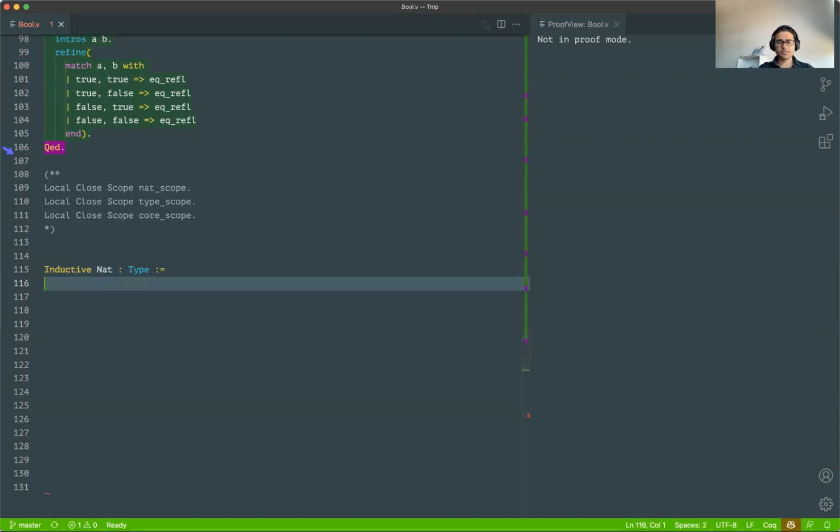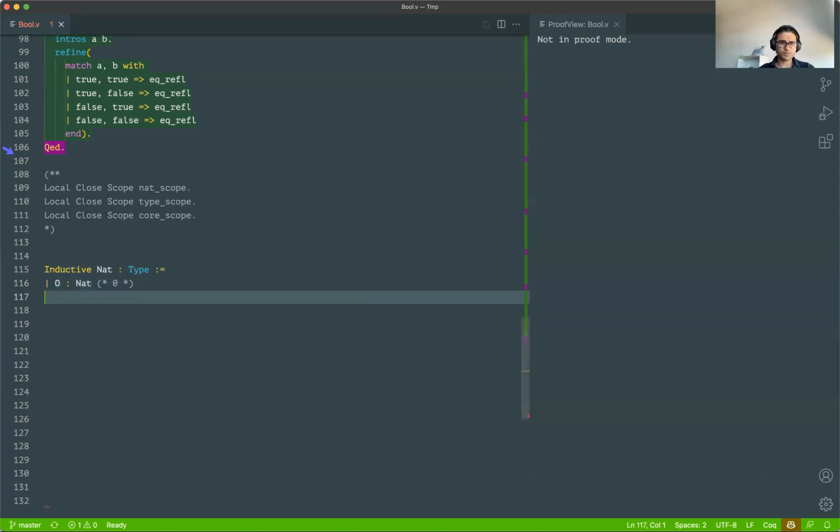And now I am going to give constructors, using which we can build the terms of type nat. So my first constructor is O. It represents 0. We interpret O as 0.